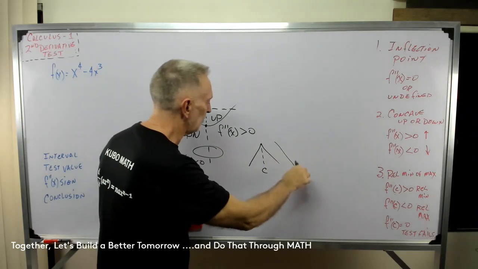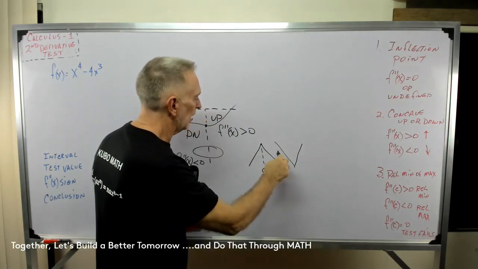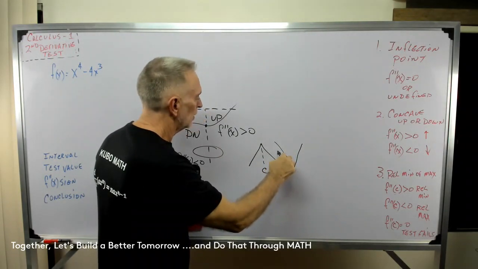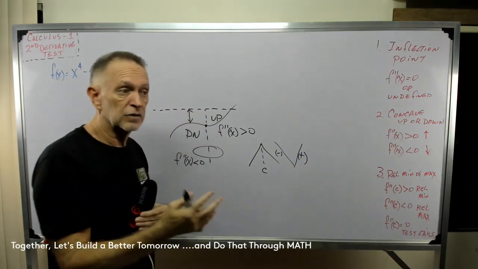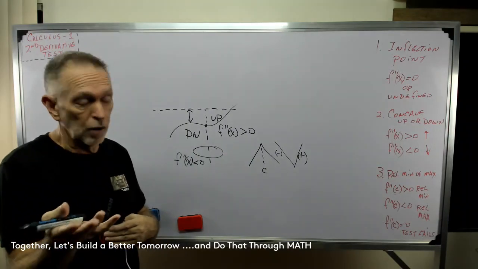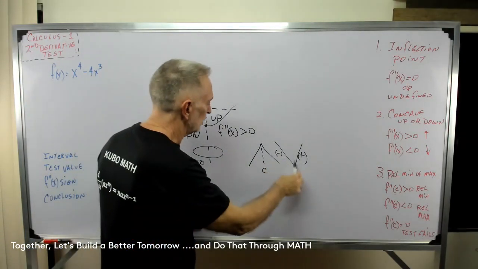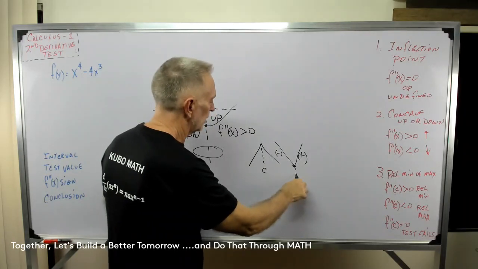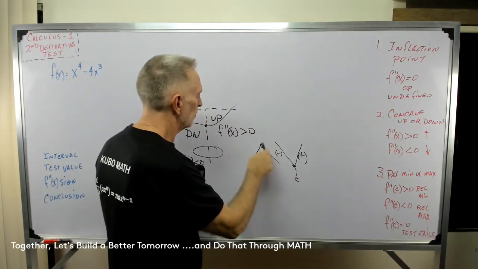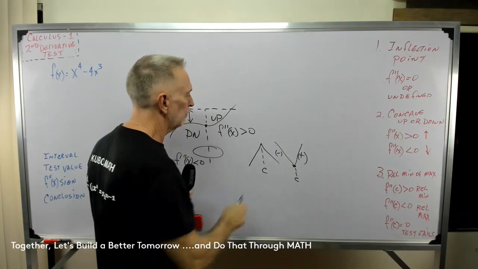If I had the opposite of that, now I had a decreasing function. So I'm negative here, positive here. Since it's the first derivative, you're looking at the slope. So if I had this situation, I had a relative minimum at x equals c at this point. So relative maximum, relative minimum.